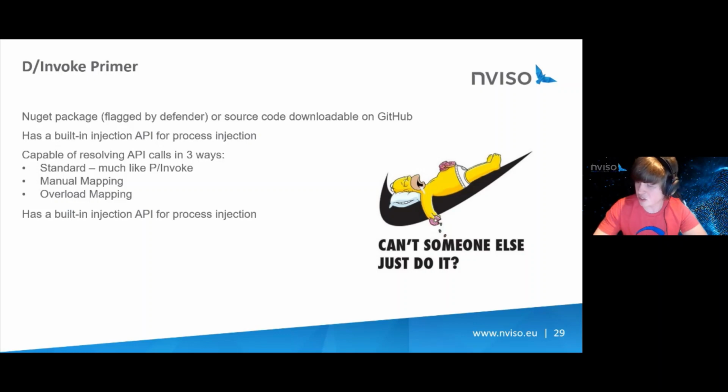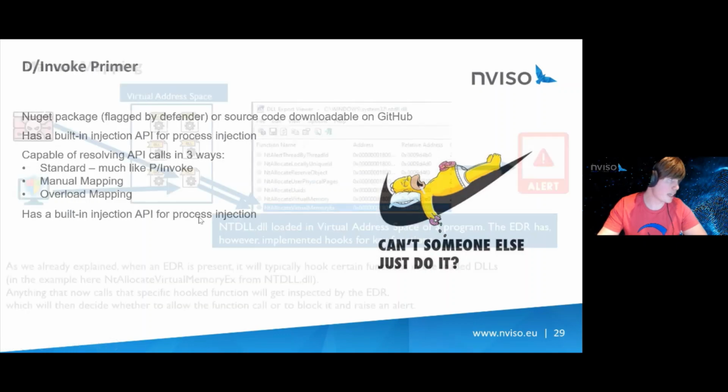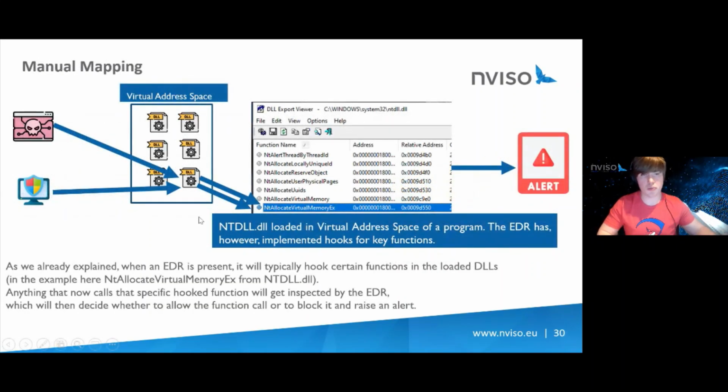It's to inspire some of the tool creators out here, should they be listening, to actively contribute to dinvoke, because we could really use the help, and it could make life a lot easier for offensive C# development. So with that being said, let's dive into manual mapping for the people that are not familiar with the concept.